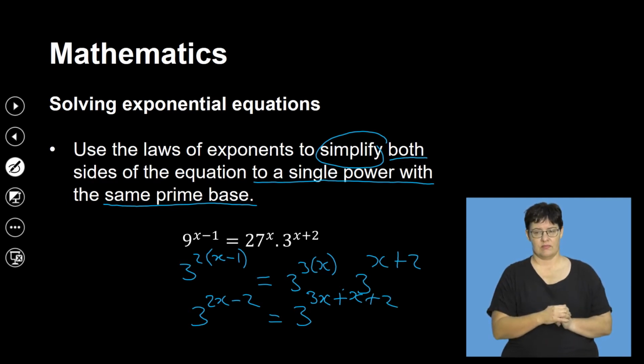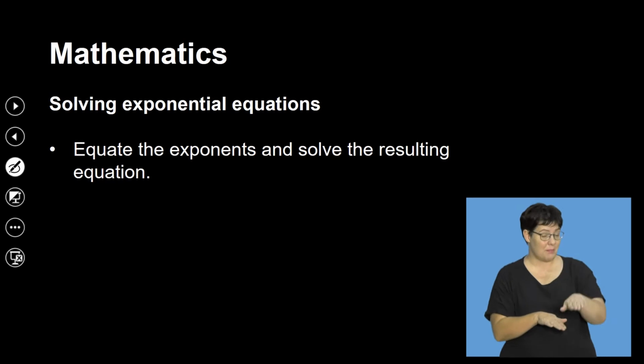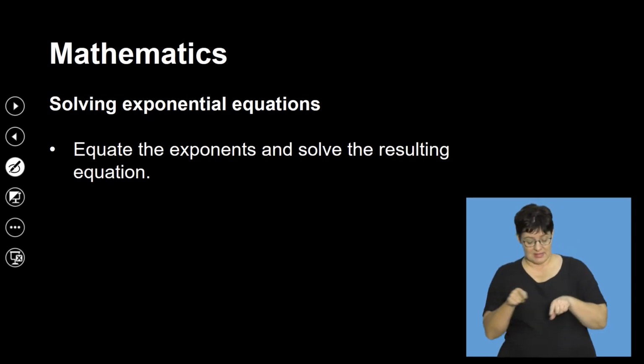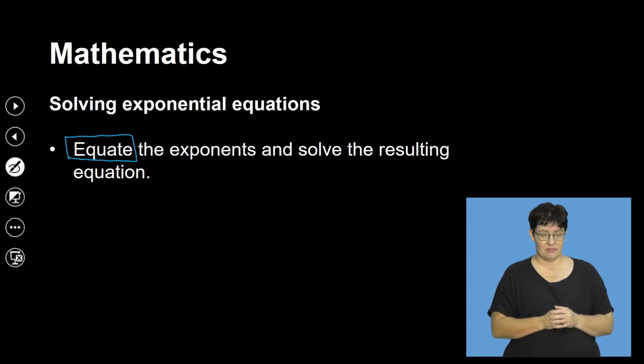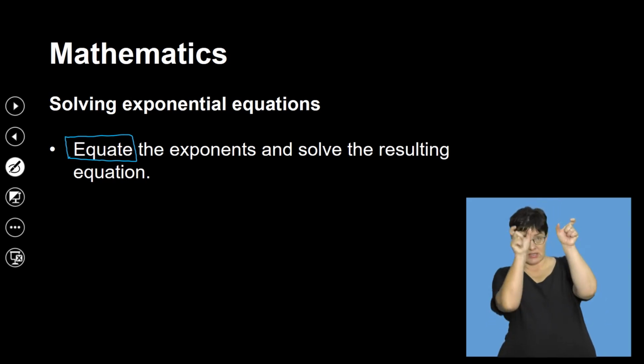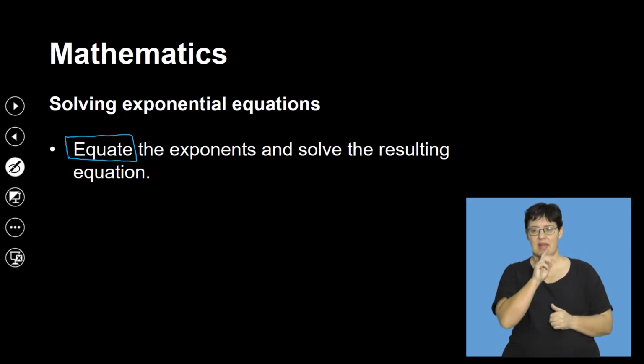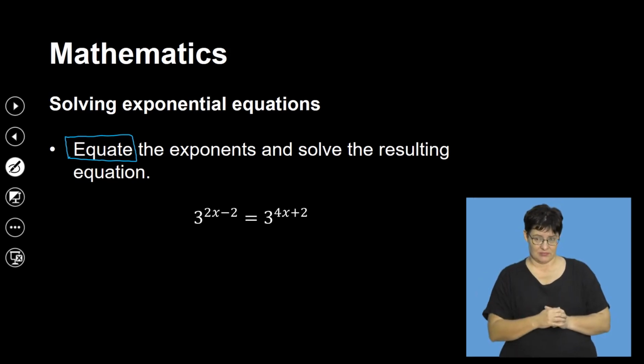And then the last step now will be, when those bases are the same, you can now equate the exponents, right? You can equate the exponents by doing what? By getting rid of the bases and just leaving the exponents as is. That's what equate means. So let's look at the previous example.